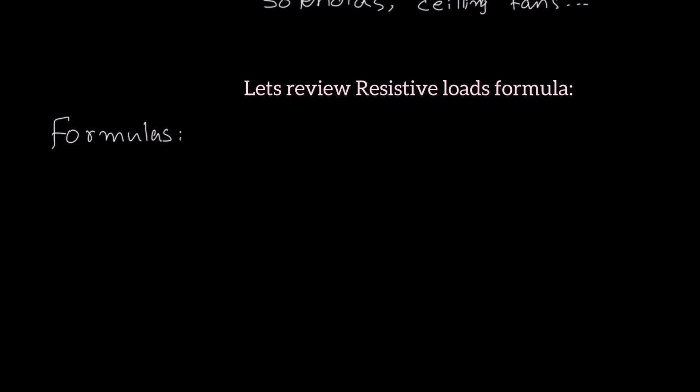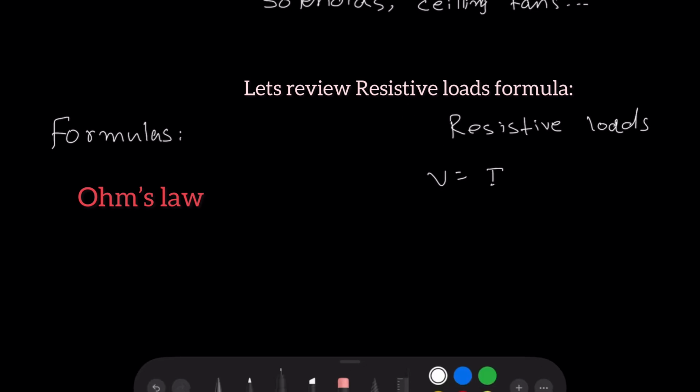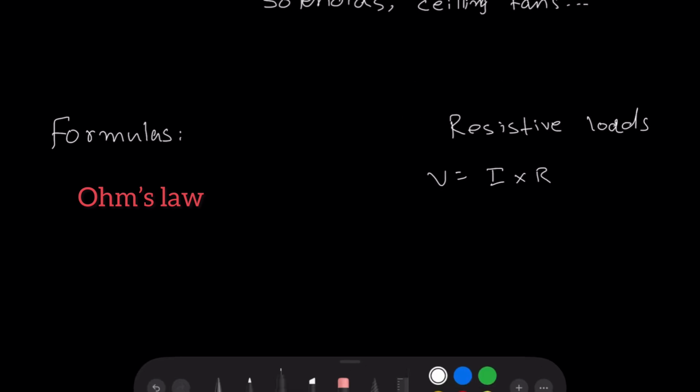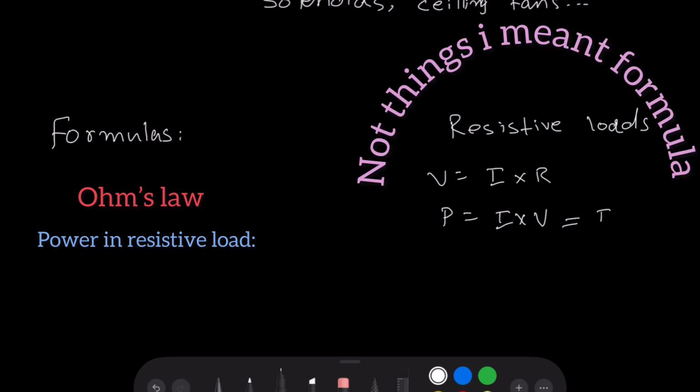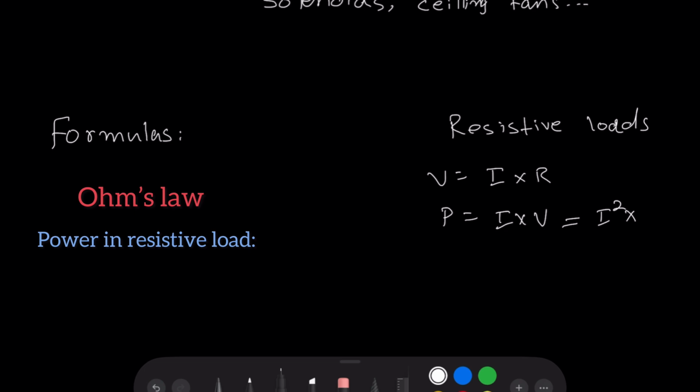In the previous lecture on resistive load, we had Ohm's law: V equals I times R. For power, we had I times V, or you can derive it a different way: I squared times R, and also V squared over R. So this was our power in resistive loads.